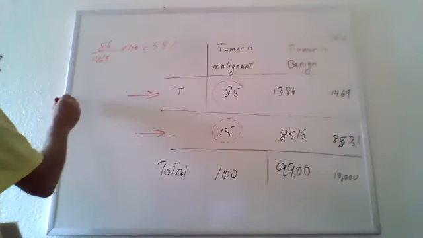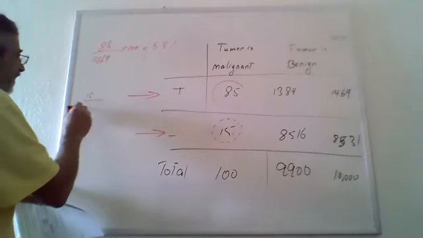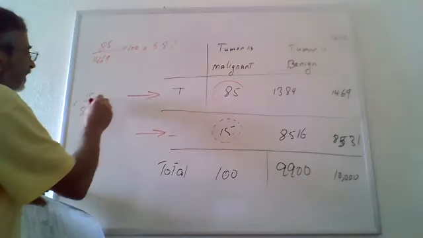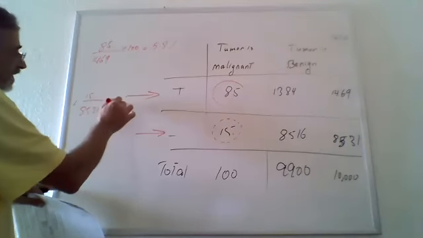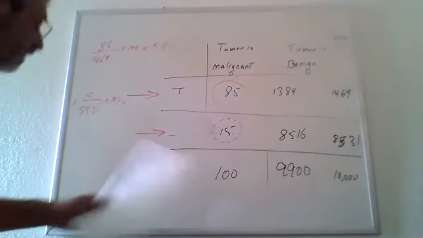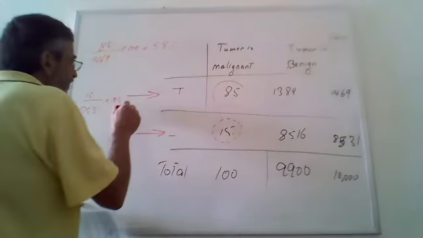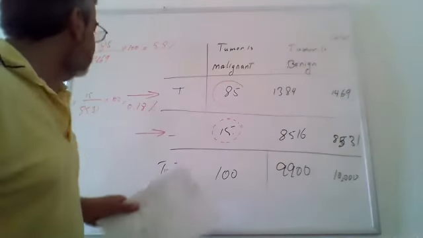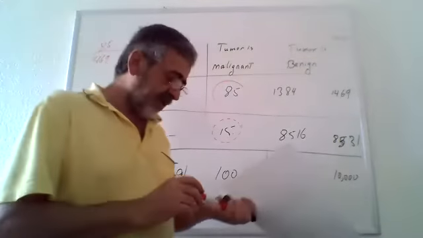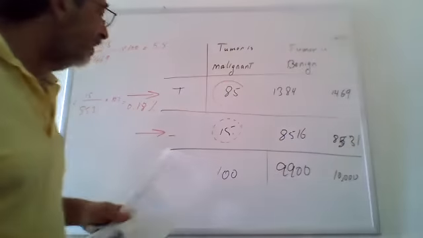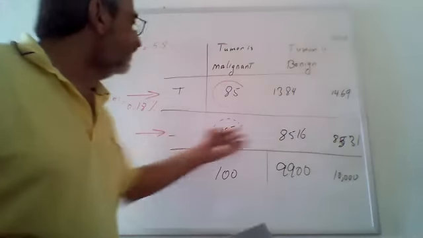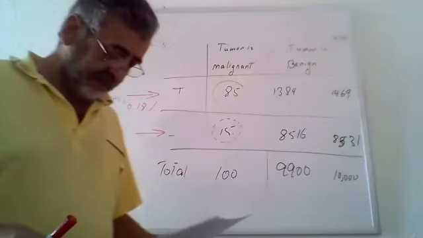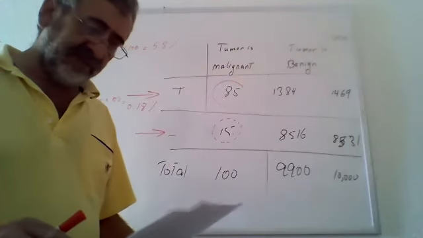So the percentage would be 15 divided by 8531 times 100, just to put that in percentage manner, and that should give me 0.18%. So there is less than 0.5% chance that you have cancer if you test negative. Any question on those?